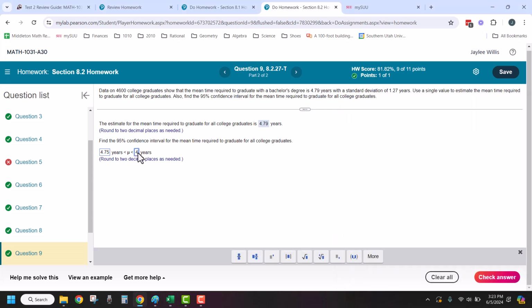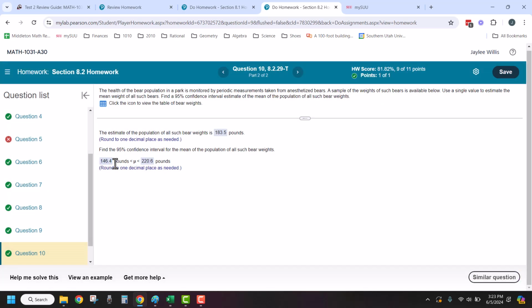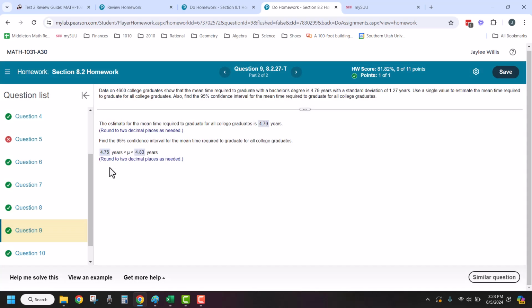So 4.83. So that's, oh, whoops, I didn't mean to move on to the next question. So that's my confidence interval. And what this means is that we have 95% confidence that within this range, the true value of the mean time that it takes for all college graduates to graduate will be within that range.